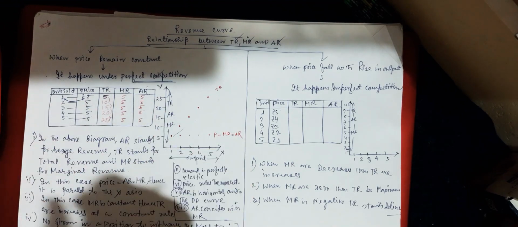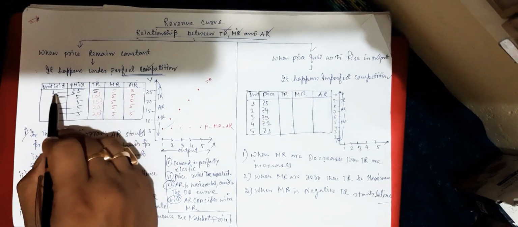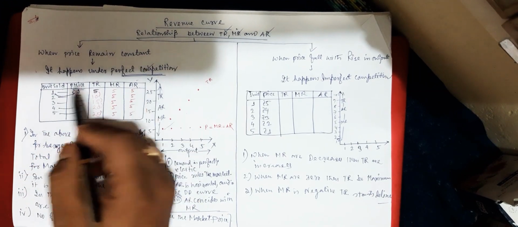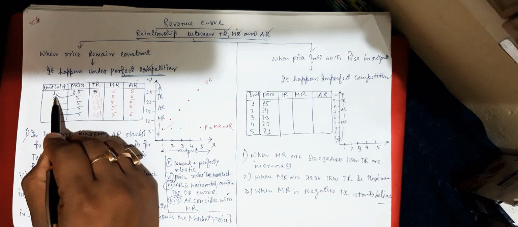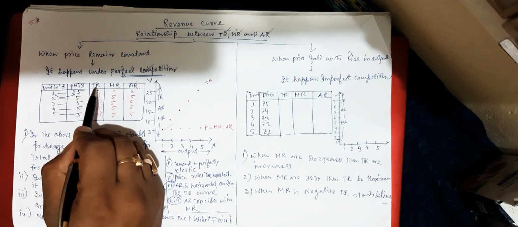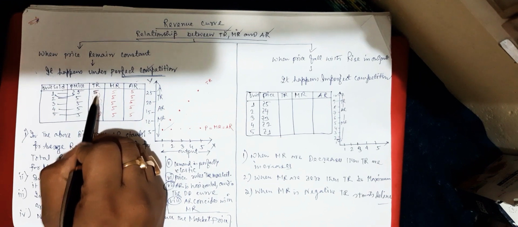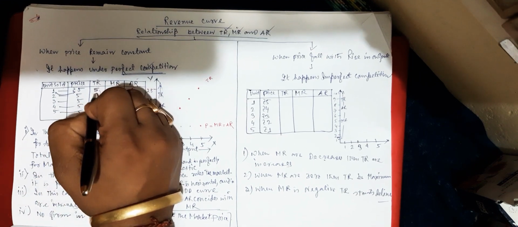In all the curves, when the firm sold 1 unit of output, the price is 5 rupees. How much is TR?